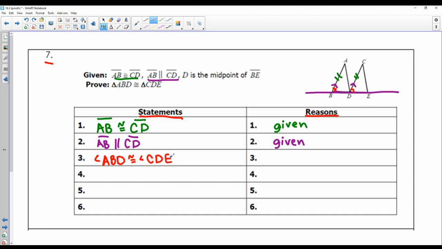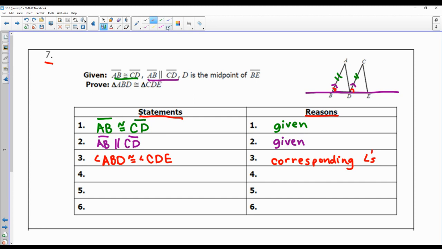Okay, so those angles are congruent. Now, why was that again? What kind of angles are those? Those were our corresponding angles. So for the reason, just go ahead and write corresponding angles theorem or postulate. It says that if lines are parallel, then their corresponding angles are congruent.